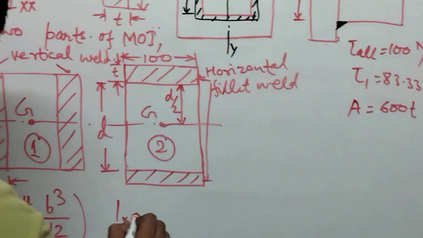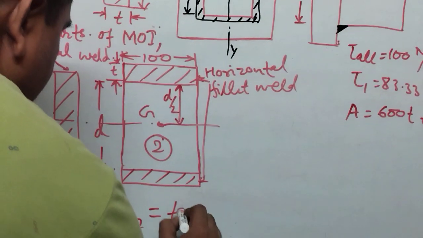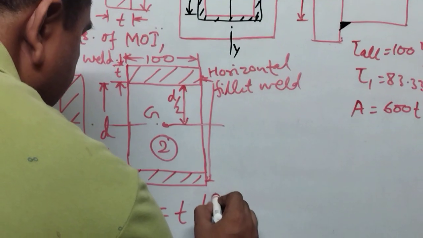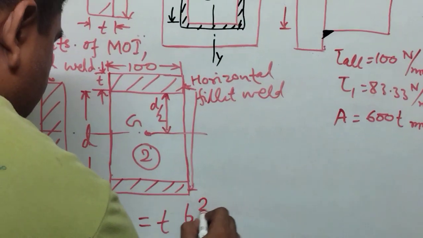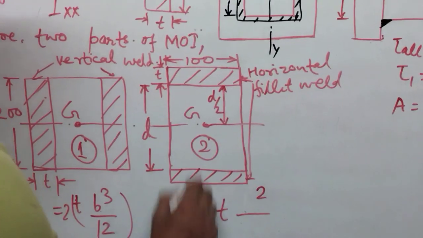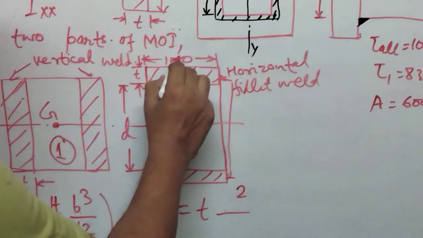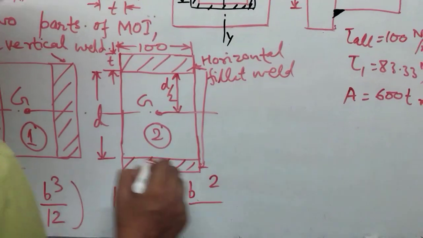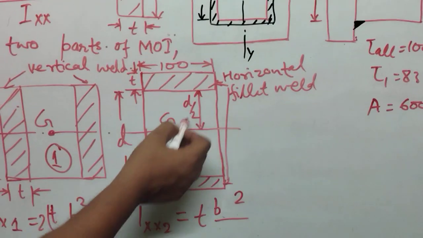Therefore Ixx2 equals the area B into T, into the distance d by 2 whole square.